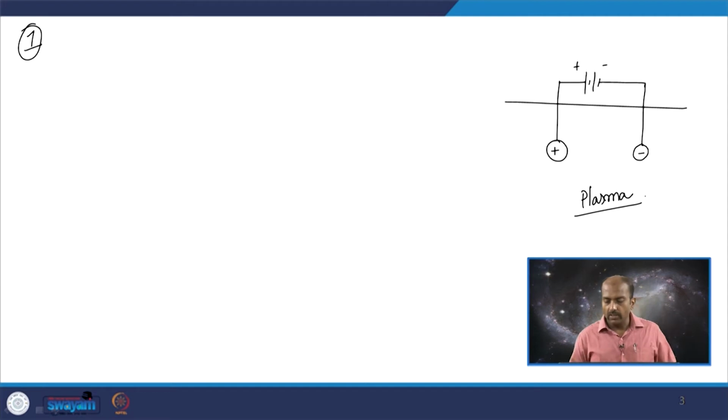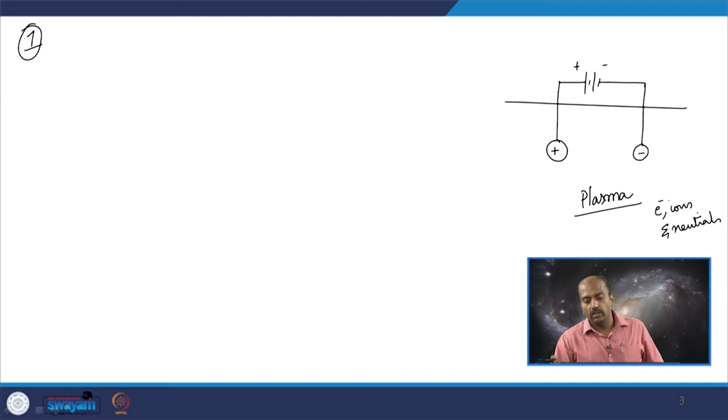Now, what would happen? What are the constituents of the plasma? Plasma will generally constitute electrons, ions and neutrals. Neutrals do not have any charge, electrons are negatively charged, ions are positively charged. So, what is the natural course of action when you put up a potential in the plasma? Electrons will be attracted to the positive electrode, ions will be attracted to the negative electrode, naturally.